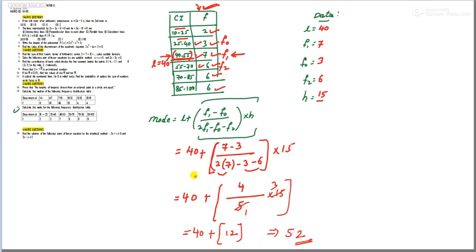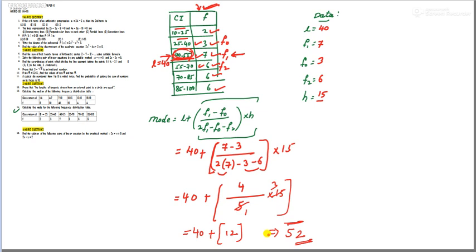This is the answer. Your answer should always lie within the class from which we got L, so it is between 40 and 55. If yes, then your answer is right, or else it is wrong. Have you understood, everyone?